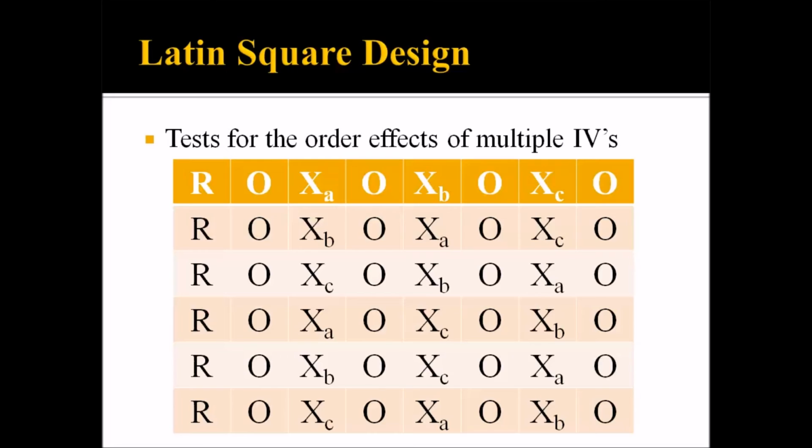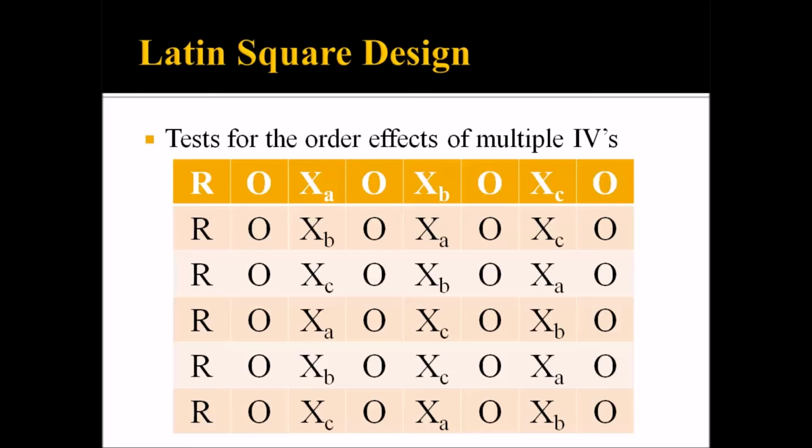So I'll go through a couple of these. In the first one, you have a random assignment. Then you would have XA, let's say the Motrin, XB, the acetaminophen, and XC, which is the aspirin. In the second column, another group of participants, randomly assigned to this particular group. And these are all treatment groups, by the way.